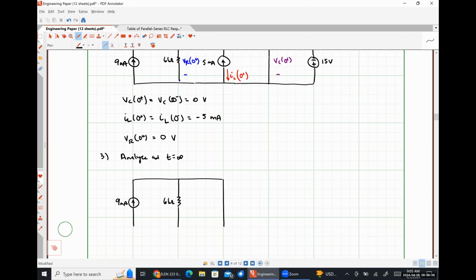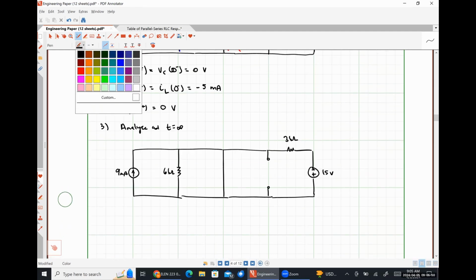So here's my inductor. Here's my capacitor. Label things.